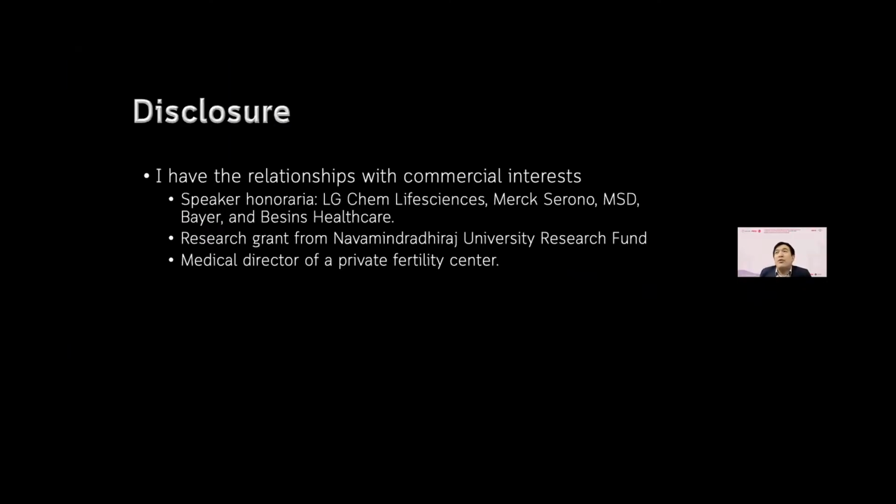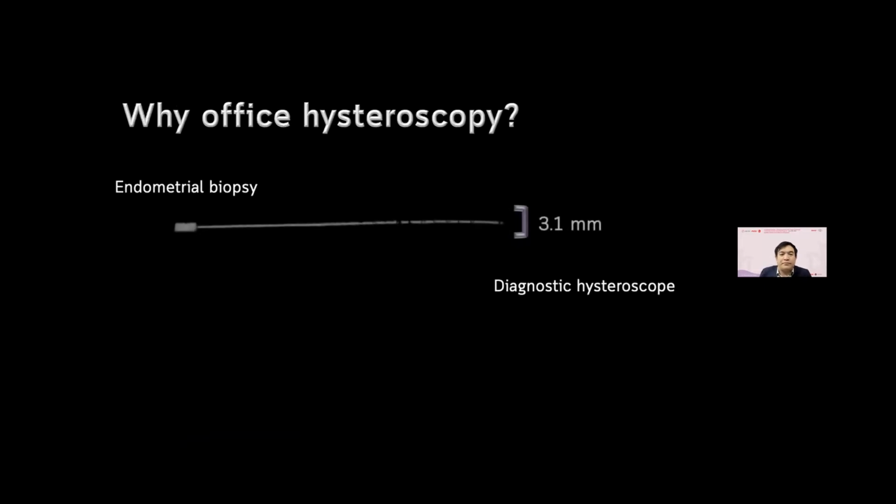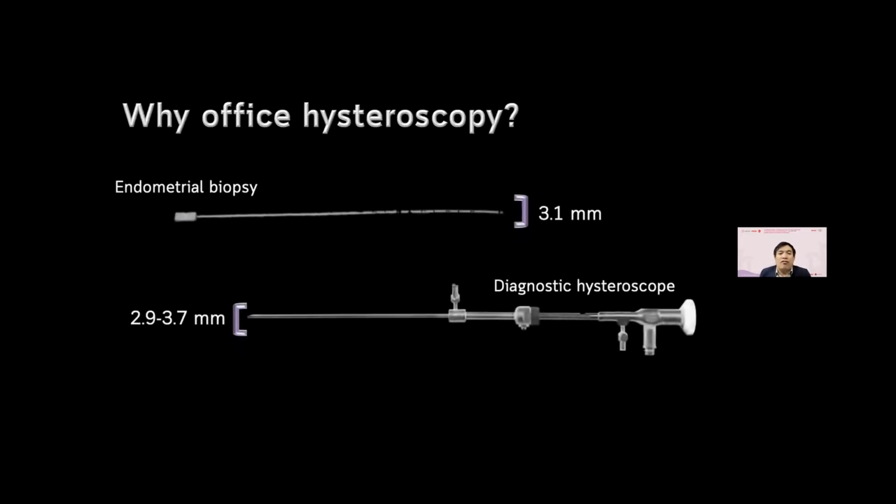So I will give you maybe more of an introduction to what we usually do in the office setting of hysteroscopy in an IVF center. And why do we use office hysteroscopy? When we look at the blind procedure that we are doing, like the endometrial biopsy, the diameter of the instrument is quite similar to the diagnostic hysteroscope.